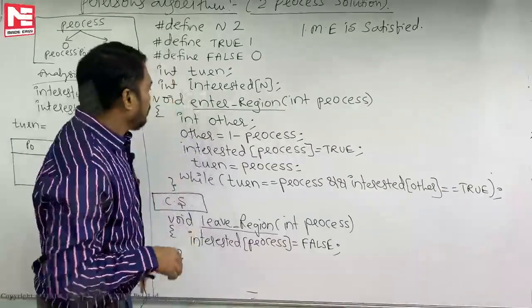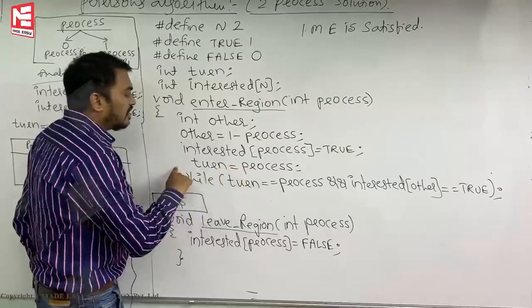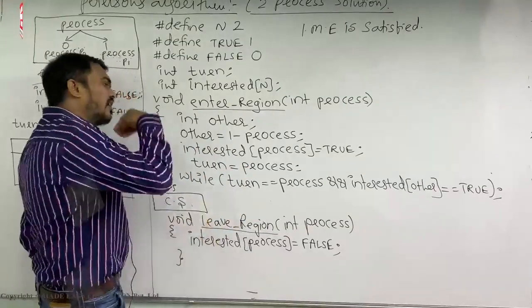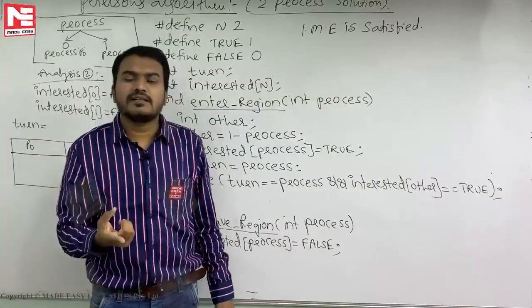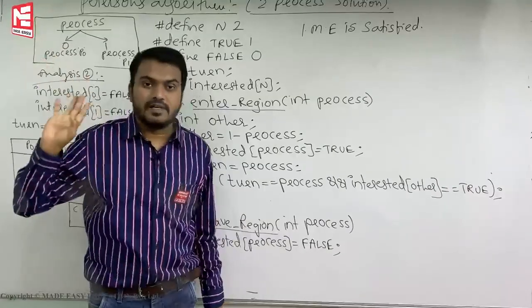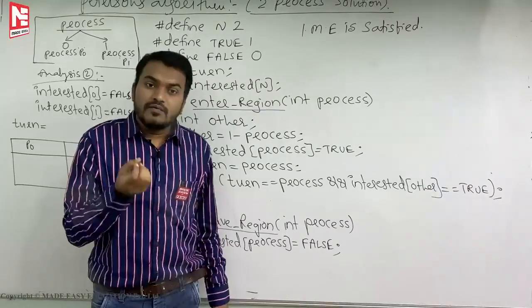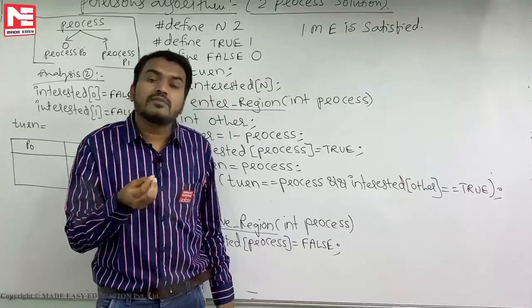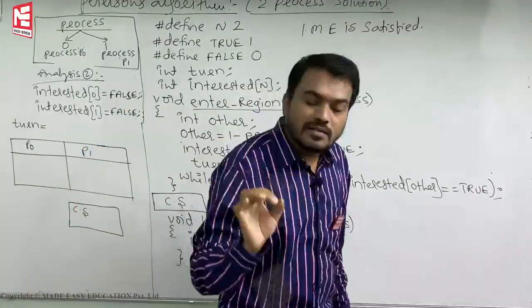For example, you can take preemption here, here, here, and here. You try in all possible cases. If only one process comes into the critical section, then you say mutual exclusion is satisfied. And if you find even a single case where two processes come into the critical section, then mutual exclusion is not satisfied.